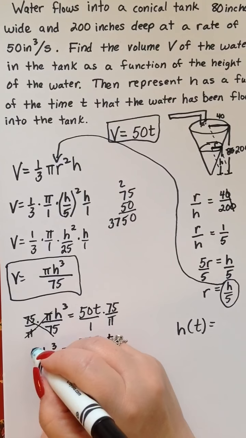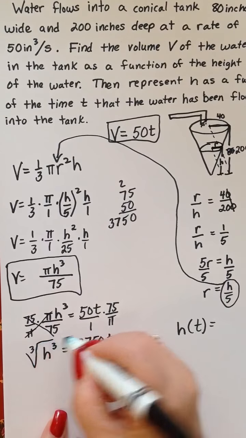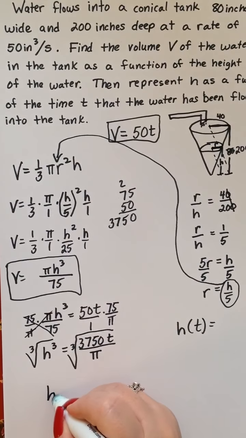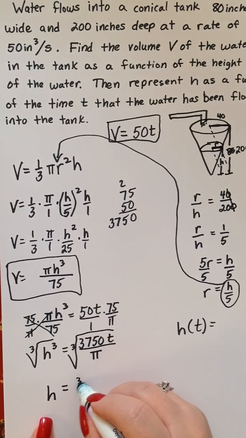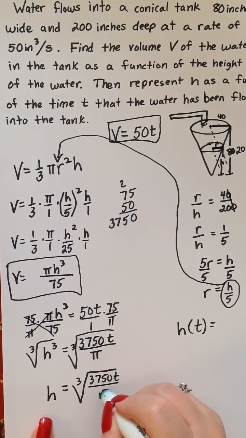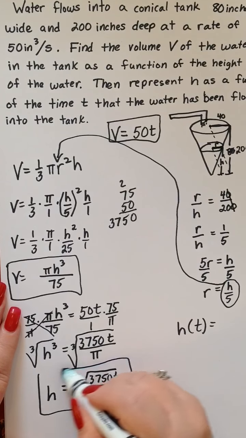And then to solve for h, just take the cube root of both sides. So then I get the height, because the cube root of h cubed is just h, is the cube root of 3750t over pi. So there is my height in terms of time.